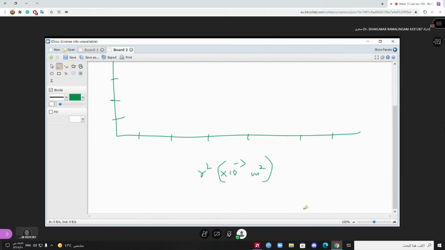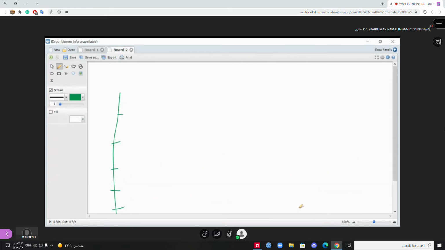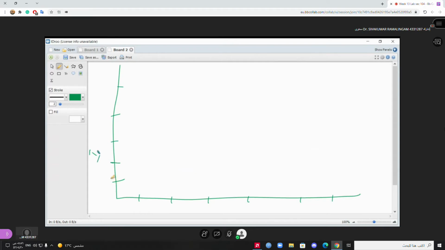I told you I'm going to take 10^-3 as the unit. Here, I mass into 10^-3 kilogram meter square is the unit. Now I'm going to write the values.